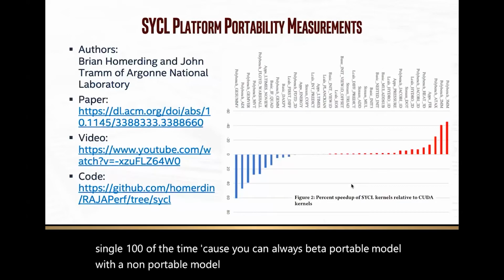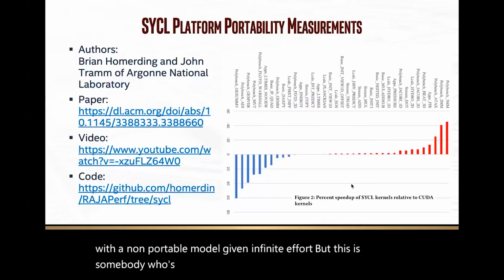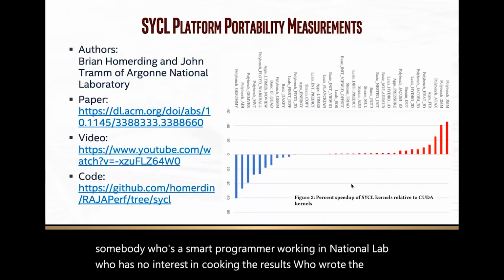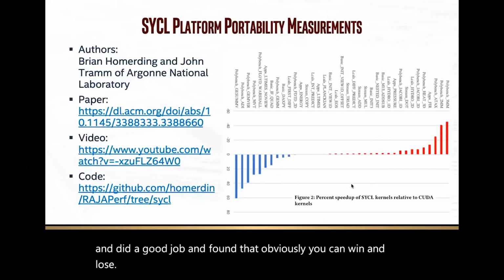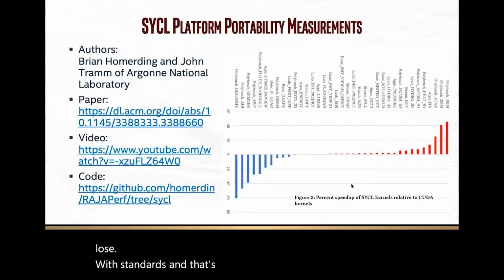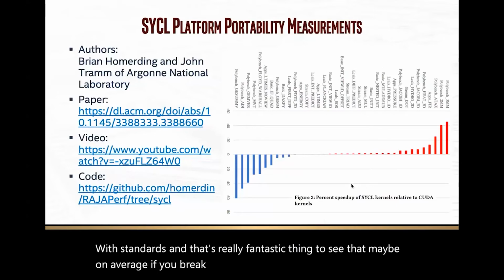But this is somebody who's a smart programmer working in a national lab who has no interest in cooking the results, who wrote the code and did a good job and found that obviously you can win and lose with standards. And that's a really fantastic thing to see, that maybe on average you break even without compromising portability.